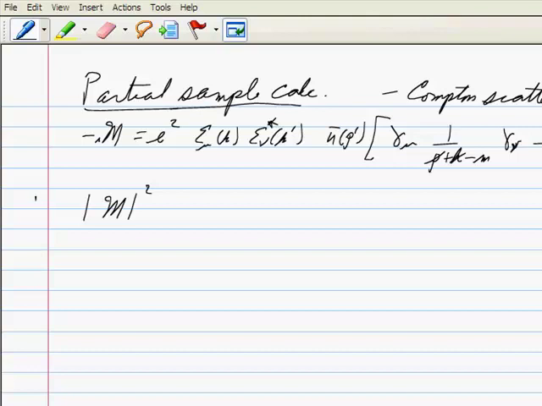I'm going to want to take a half times a half out in front. This is the average over the 2 photon polarizations. This is the 2 electron spins. And we sum over all the spins of everything.